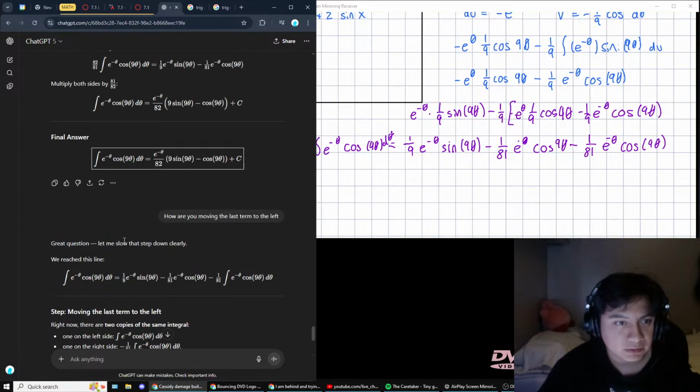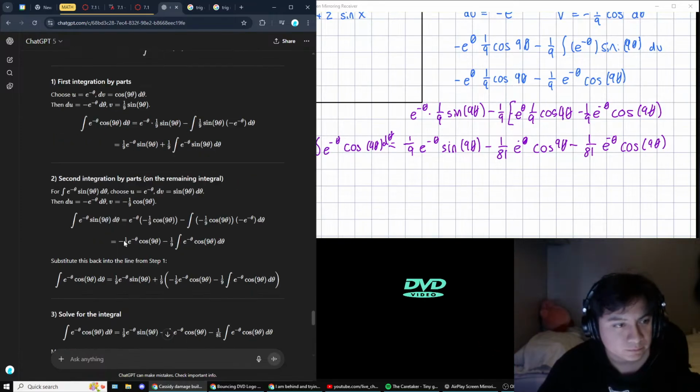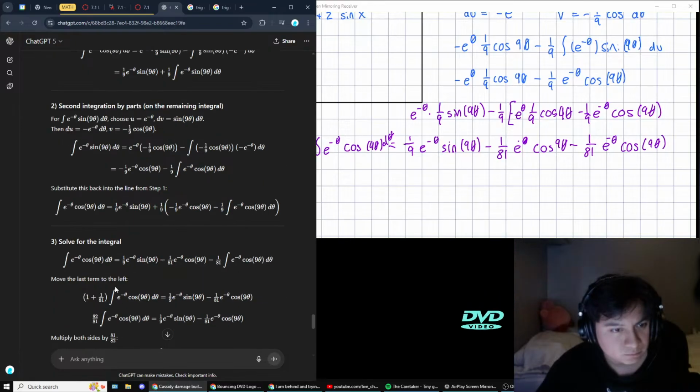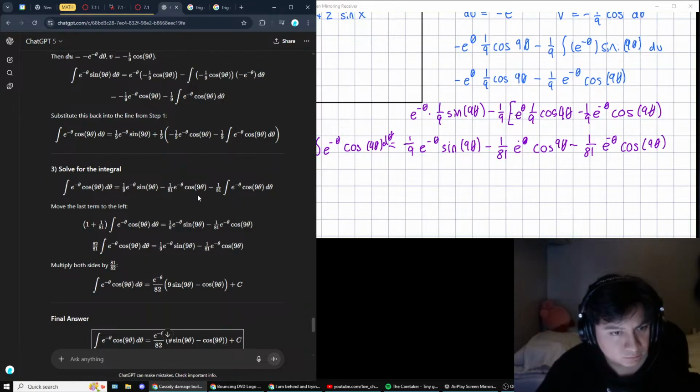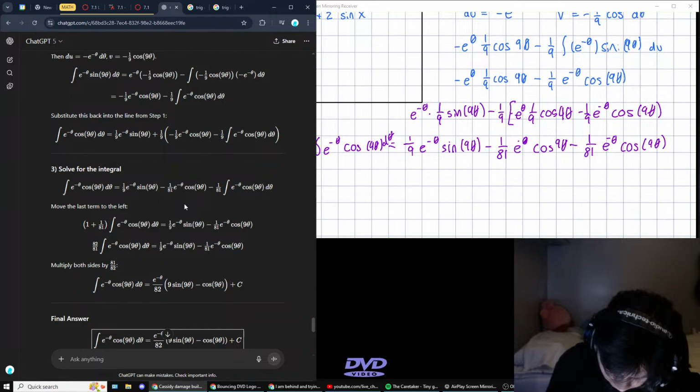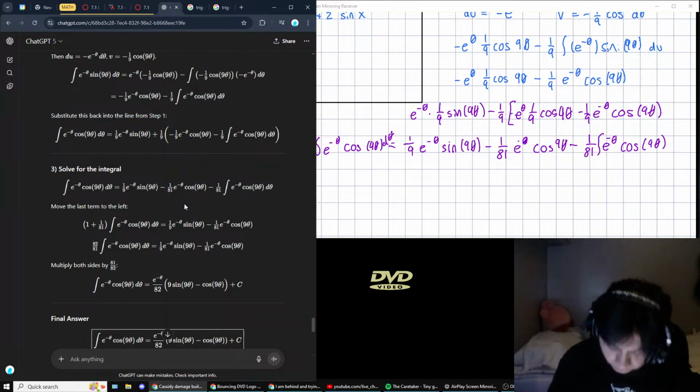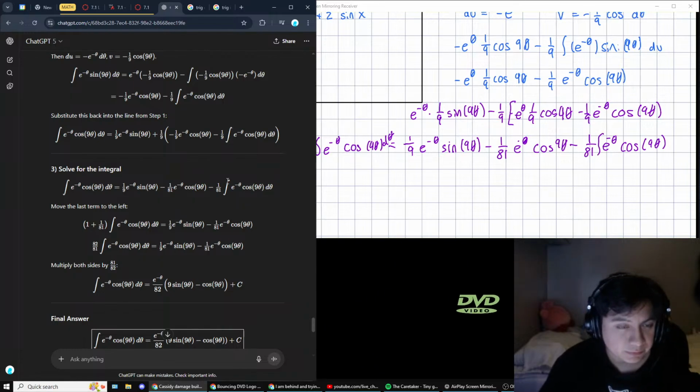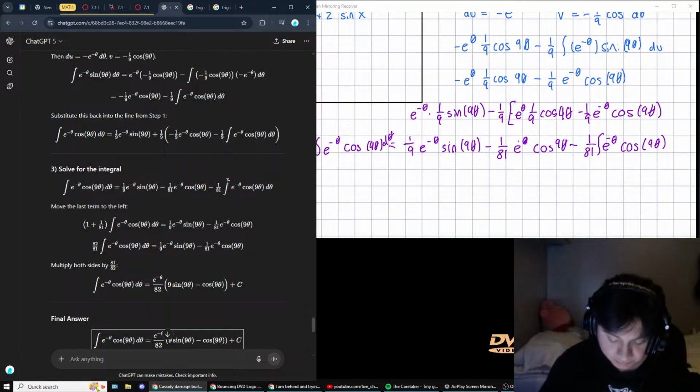Wait, why is it written like that though? Oh, I would have to do a third integration by parts.